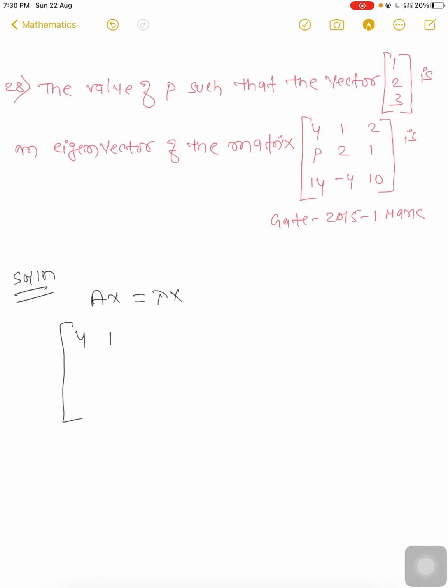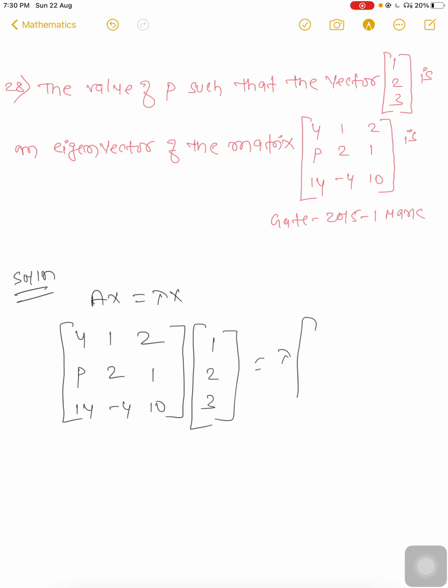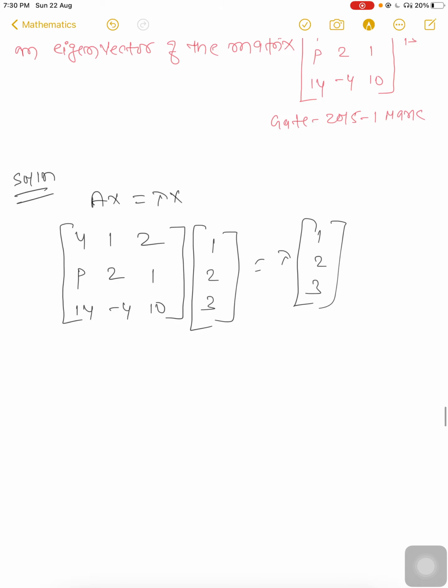So we have to find out value of P. The matrix is 4, 1, 2, P 2, 1, 15 minus 4, 10, and x is given 1, 2, 3 equal to lambda 1, 2, 3.